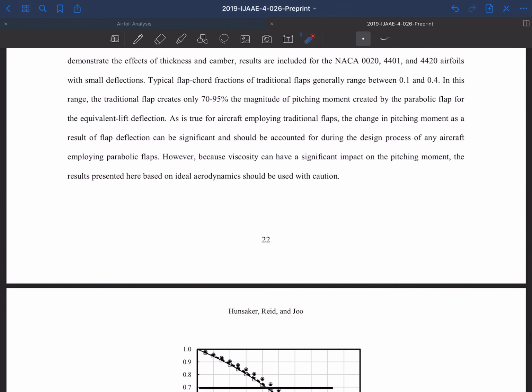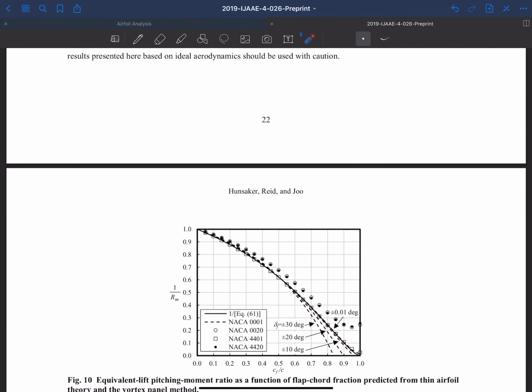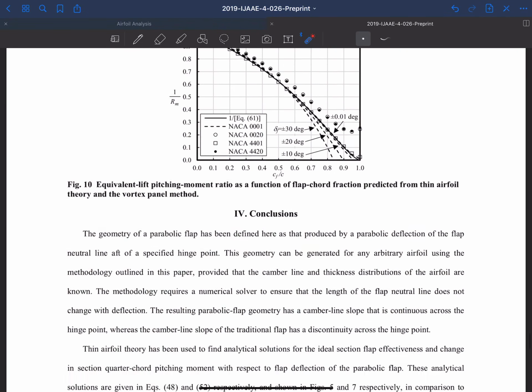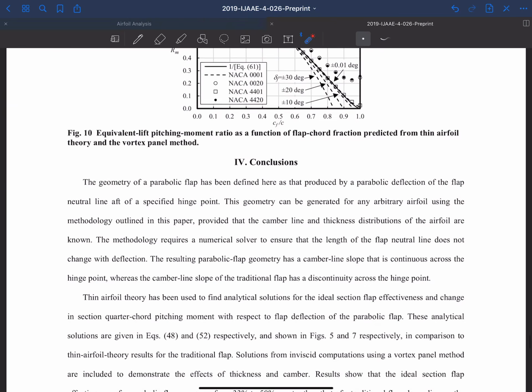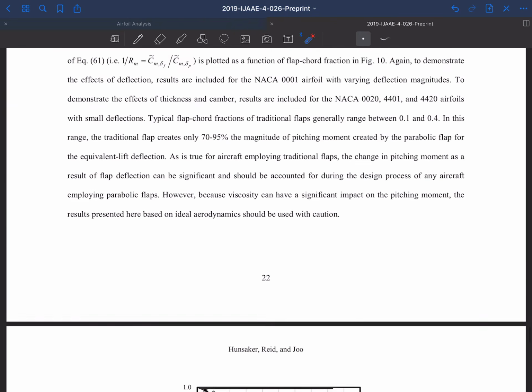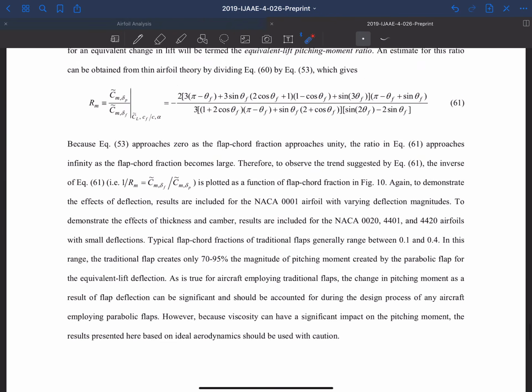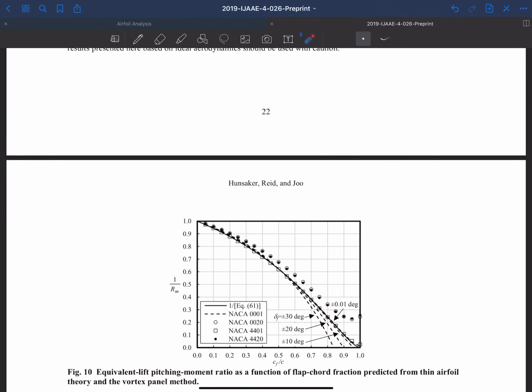Now, this is a copy of the preprint for the journal paper, and in the conference paper we actually had one more section, and I'll just draw a figure over here on the right and tell you what it was about. We also looked at the parasitic drag.